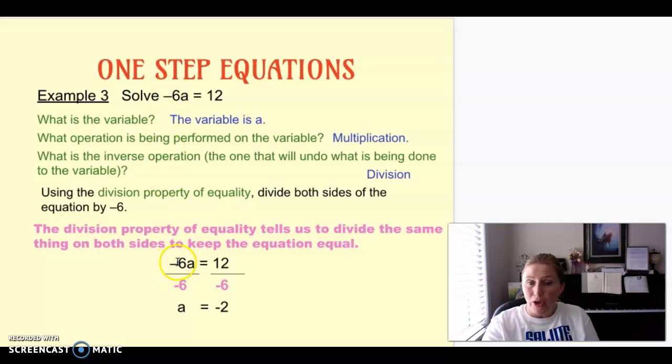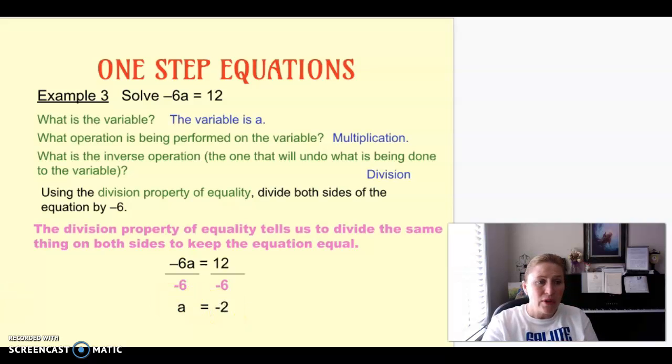Remember, this is kind of like a fraction, and 6 over 6 is 1, right? -6 over -6, that's 1. 2 over 2, that's 1. So I just have 1a. That's what I wanted. And now I have 12 divided by -6. Well, 12 divided by -6 is -2. Opposite signs is negative, and 12 divided by 6 is 2.